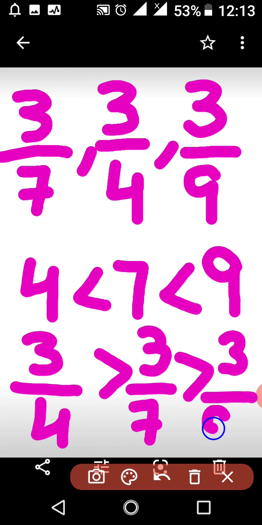Here 3 by 4 is greater than 3 by 7 and 3 by 9, and 3 by 7 is greater than 3 by 9. When two or more fractions have the same numerator and different denominators, the fraction with the smallest denominator is the larger one, and the fraction with the greatest denominator is the smaller one.